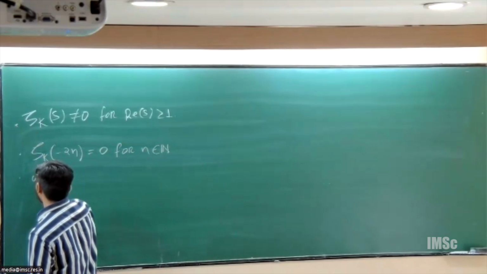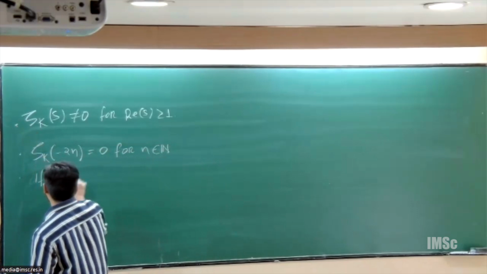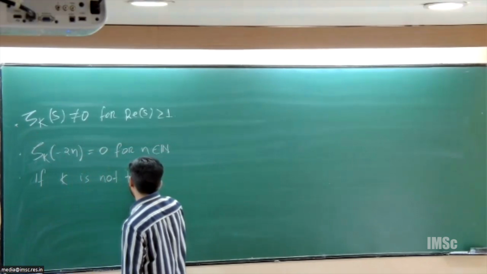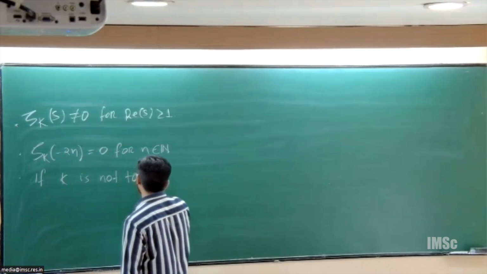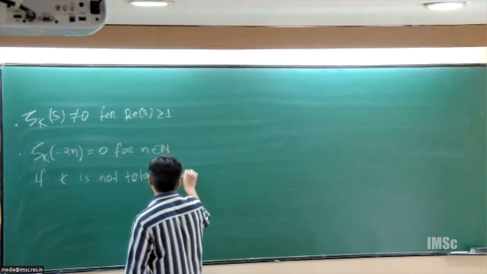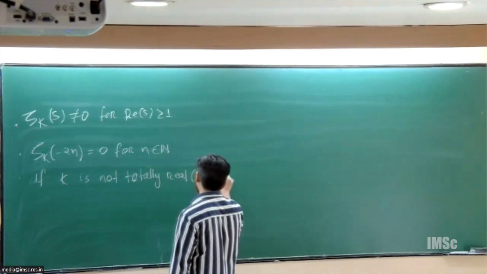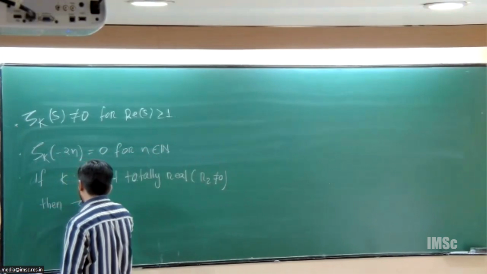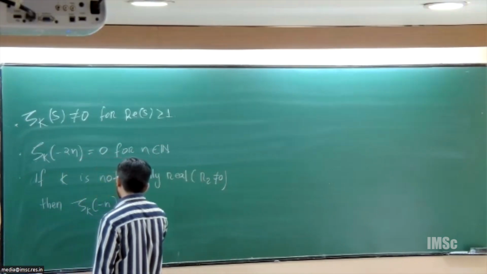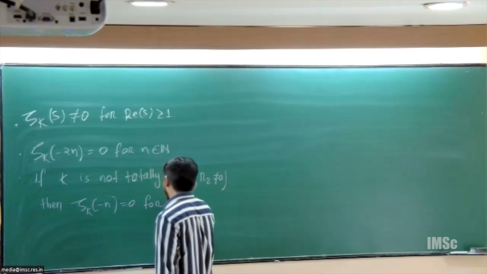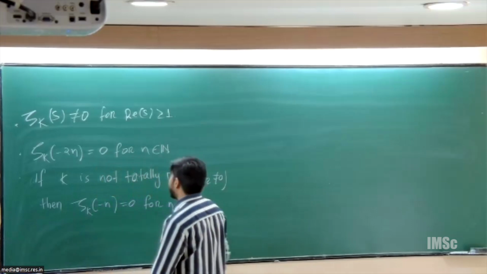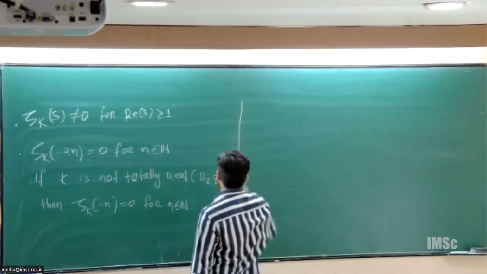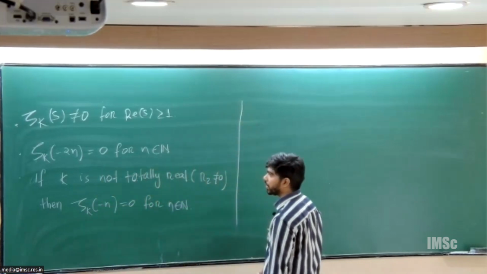And if K is not totally real, that means if r2 is not equal to 0, then zeta_K of minus n equals 0 for n in N. These are called trivial zeros of the Dedekind zeta function, and zeros lying inside the critical strip are called non-trivial zeros.